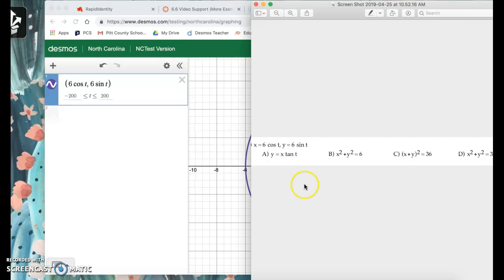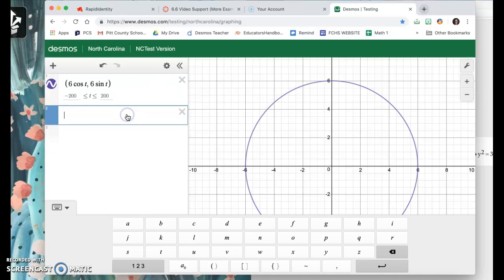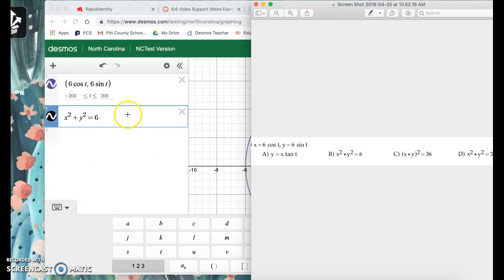So if I look at my answer choices, obviously A cannot be the correct answer, because t is still part of the problem. When you're eliminating the parameter, you're eliminating t, so t should not be an option. So I can go to the next one. I have x squared plus y squared equals 6. Obviously that circle doesn't fit the one that we have.